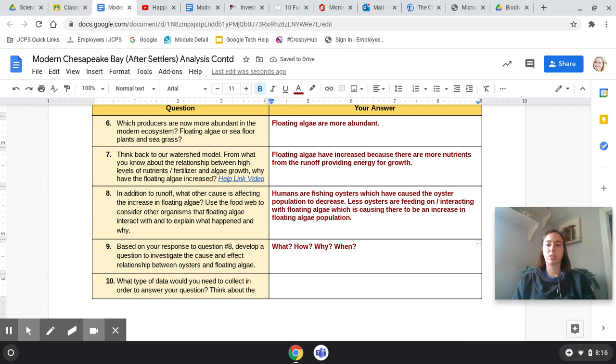One example of a question that we can investigate to find out this relationship between oysters and algae could be, how does the number of oysters affect the number of floating algae?